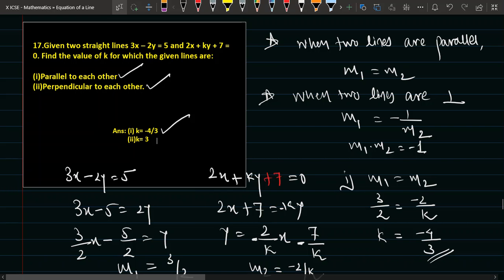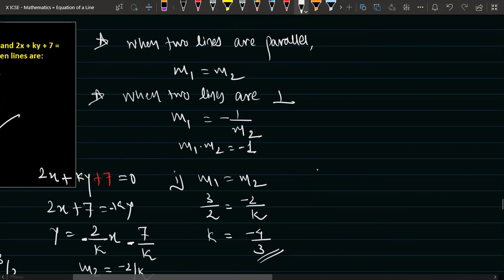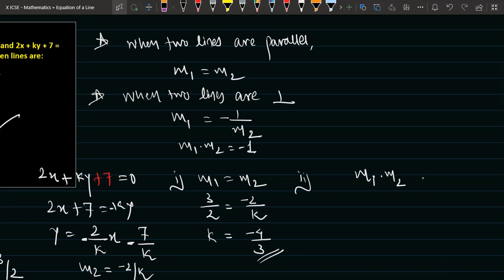And the second question is find the value of k when the lines are perpendicular. So when the lines are perpendicular, m1 times m2 is equal to minus 1. m1 is 3 by 2 times m2, which is minus 2 by k, is equal to minus 1. So 2 and minus 2 cut, I get minus 1 here. k goes to the other side.